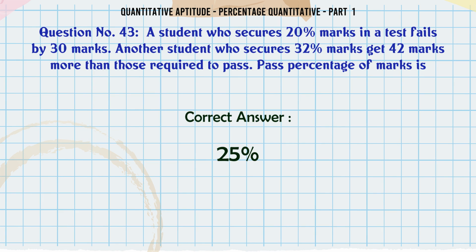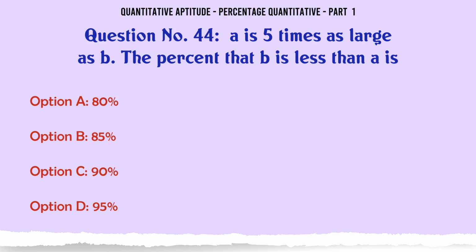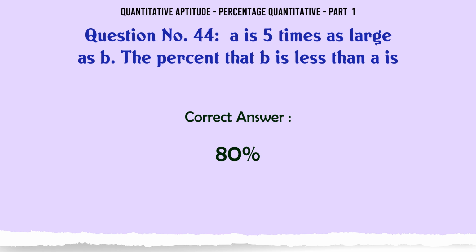The correct answer is 25%. A is 5 times as large as B. The percent that B is less than A is A. 80%, B. 85%, C. 90%, D. 95%. The correct answer is 80%.